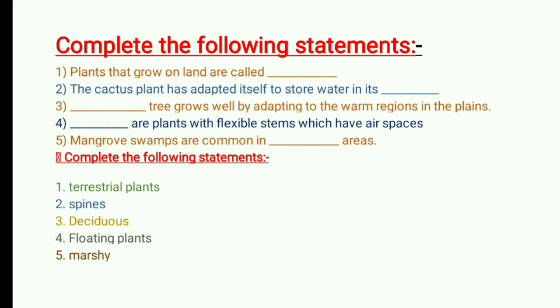The answer is spines. Third, blank tree grows well by adapting to the warm regions in the plain. The answer is deciduous. Fourth, blank are plants with flexible stems which have air spaces. The answer is floating plants.